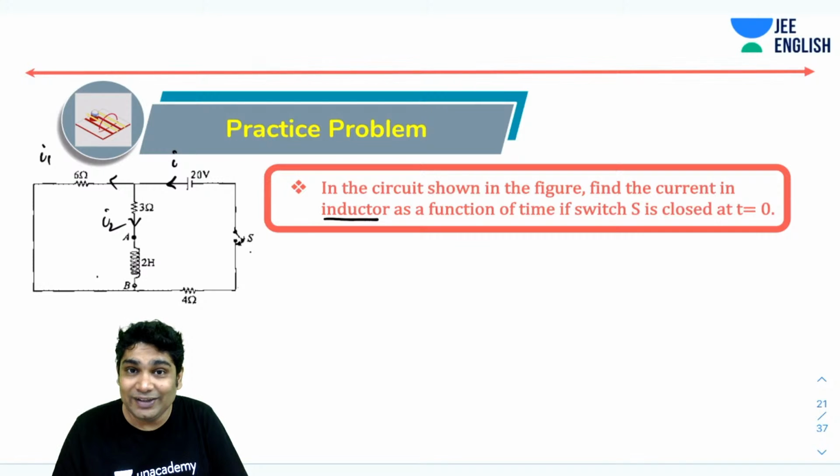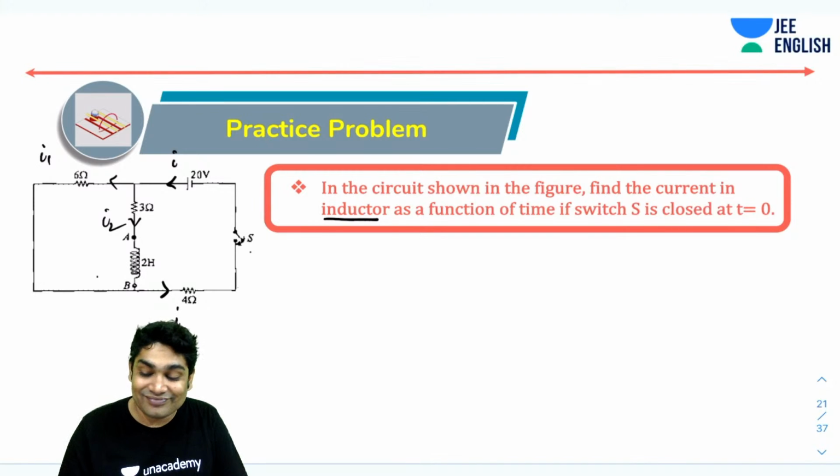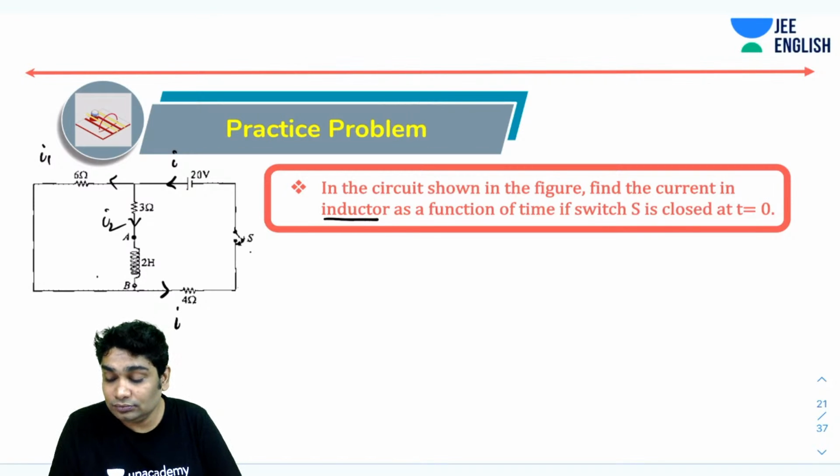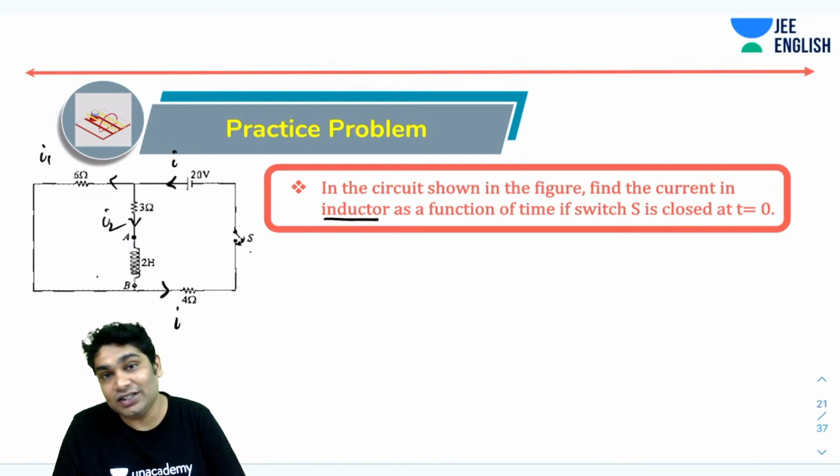What will be these currents I, I1, and I2 as functions of time? Here, of course, you will have I again, correct? Okay, so try and give me the answer for this.